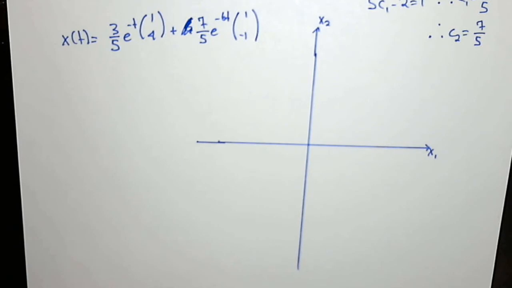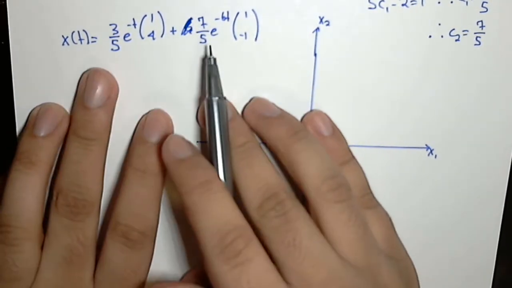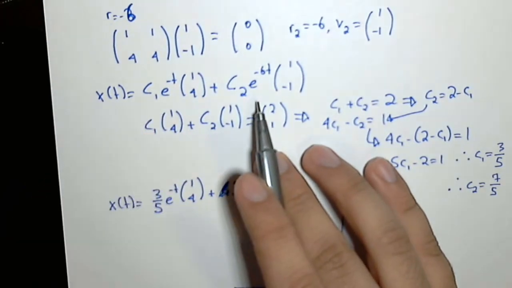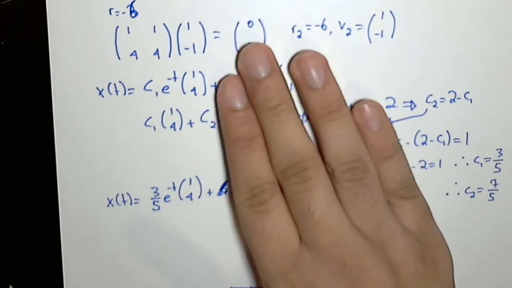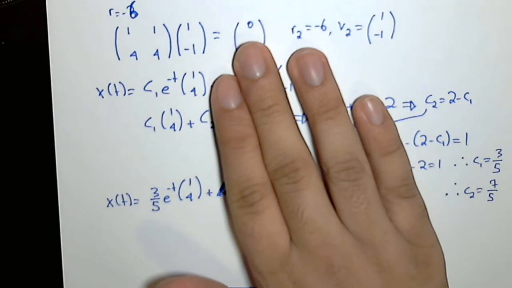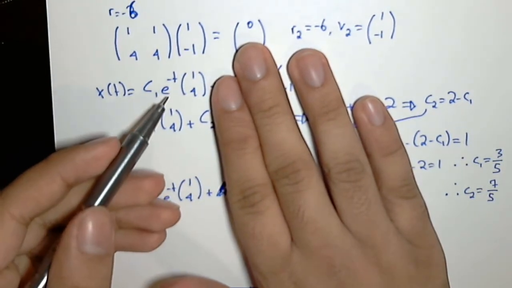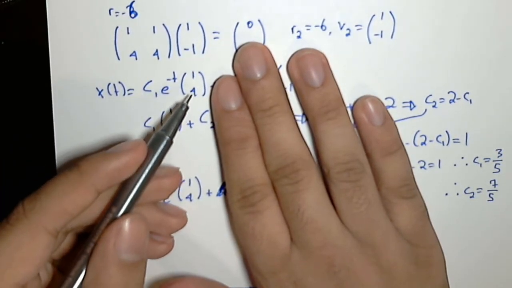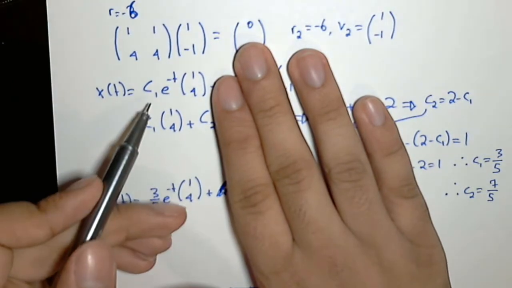So the first step in doing this is think about back to the general solution, what we had up here, right? If C2 is 0, then this term is gone, and we're only left with this term. Now, this term has a constant being multiplied by e to the negative t, which just changes in value, but the direction doesn't change. Because remember, a vector also has direction, but scalar values don't.